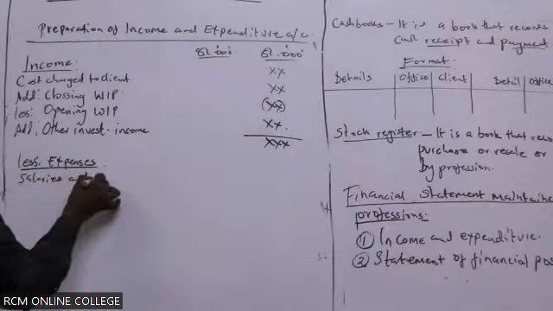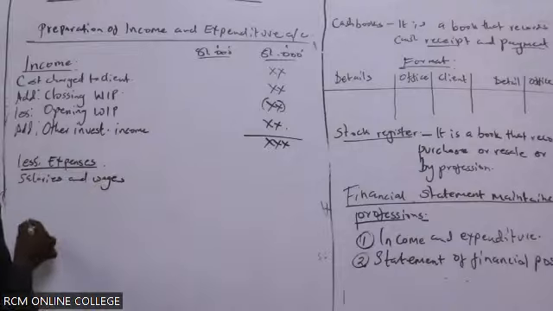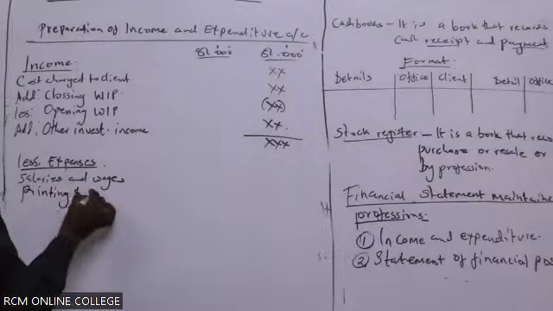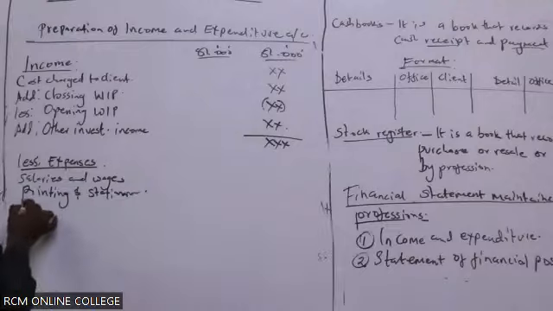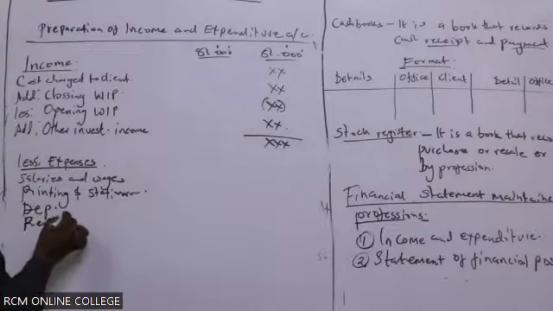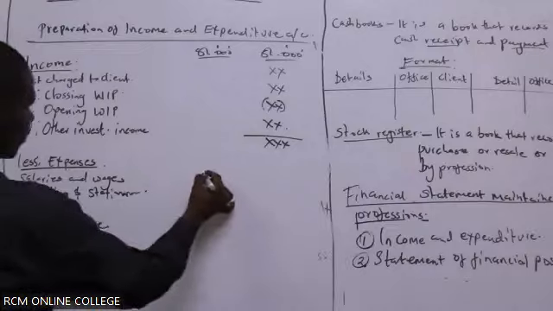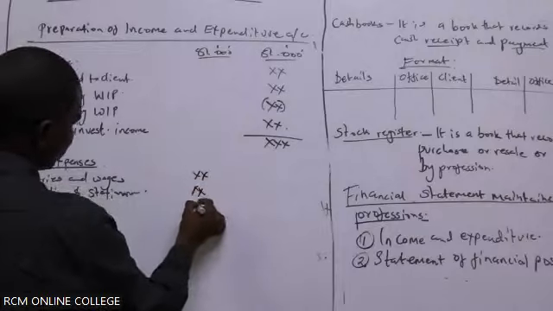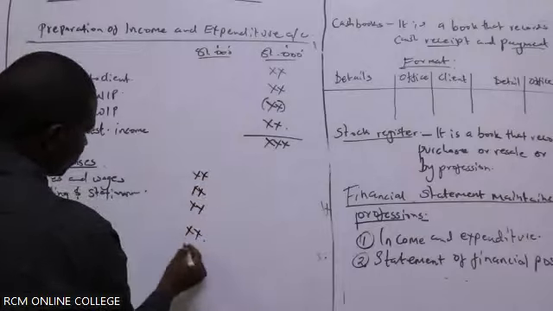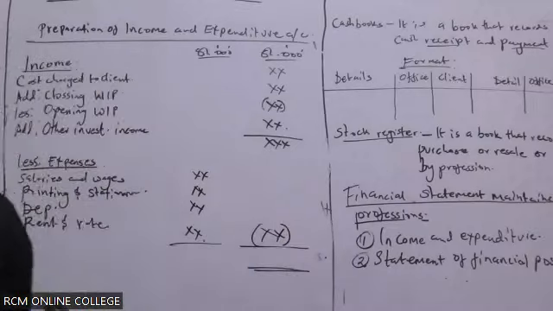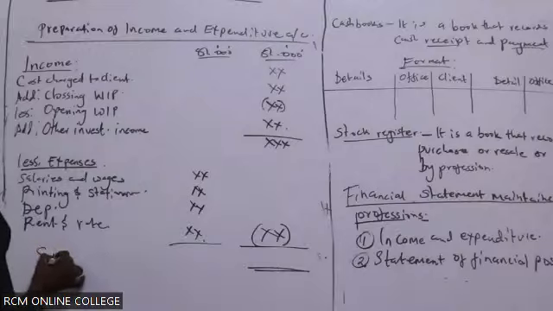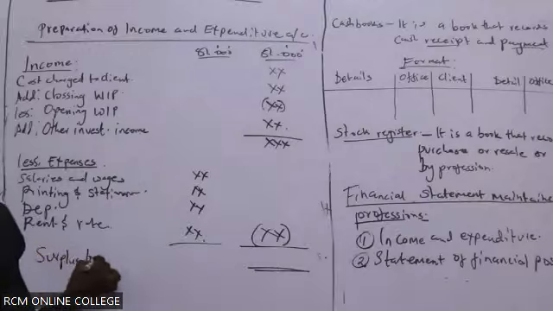Printing and stationery, depreciation, kuna rent and rates. You put them there, so we lessen them so that we can get either a surplus or a deficit.